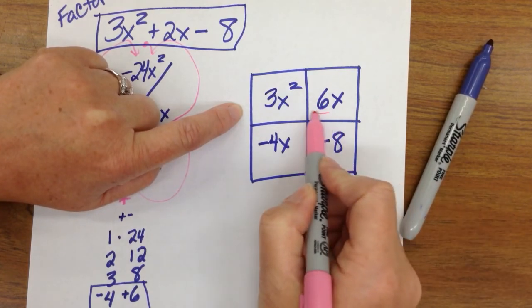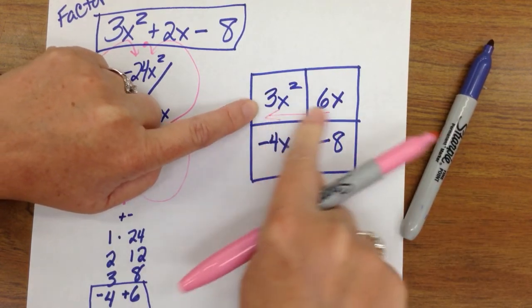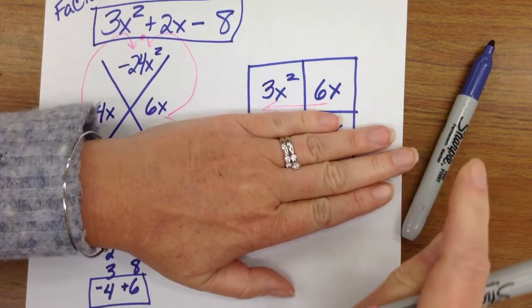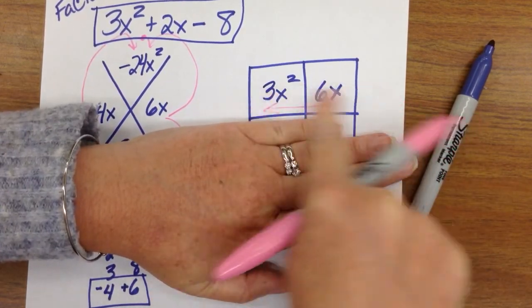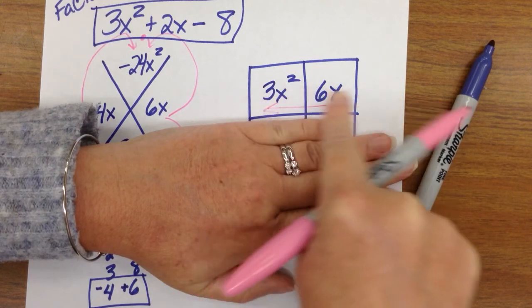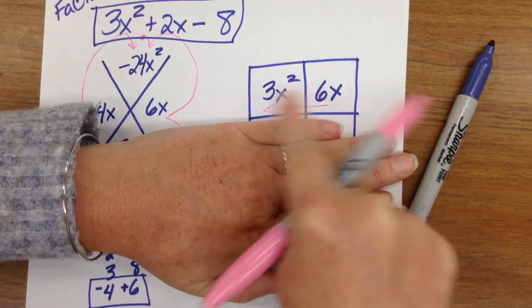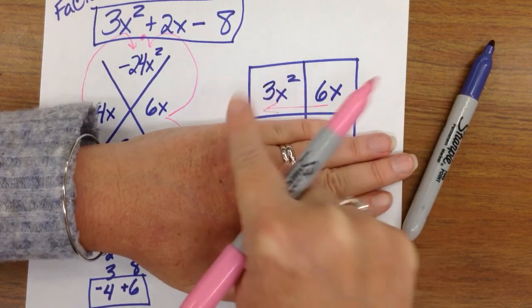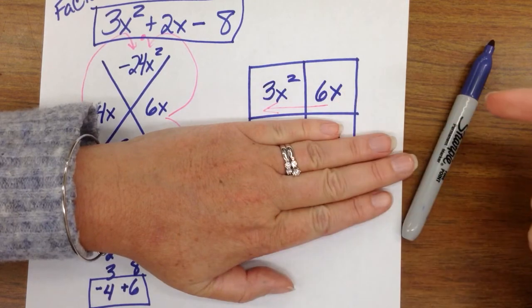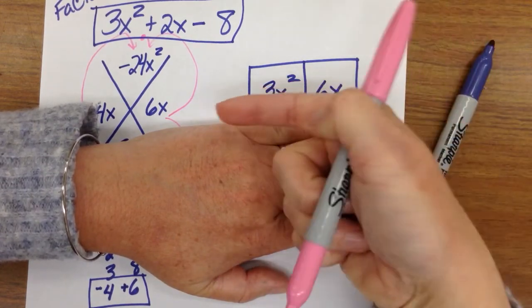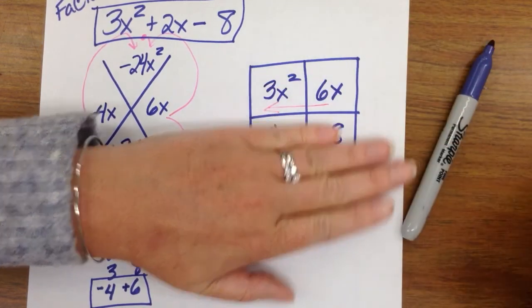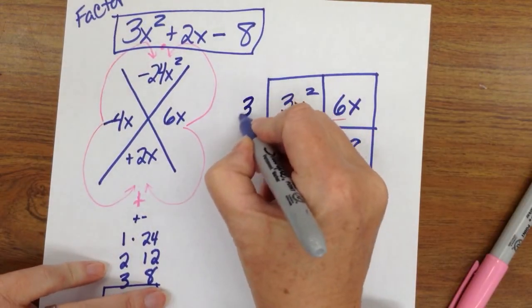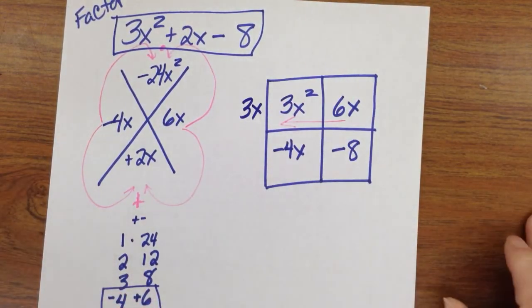If I go horizontally, if I look at these two, in other words, I'm not looking at the bottom, do they have anything in common? Yes, you could divide both of those numbers by 3, and they both have an x. 3x, the GCF, is what goes out here. What? Yes, I know. Now, once you get started, it's not so bad.